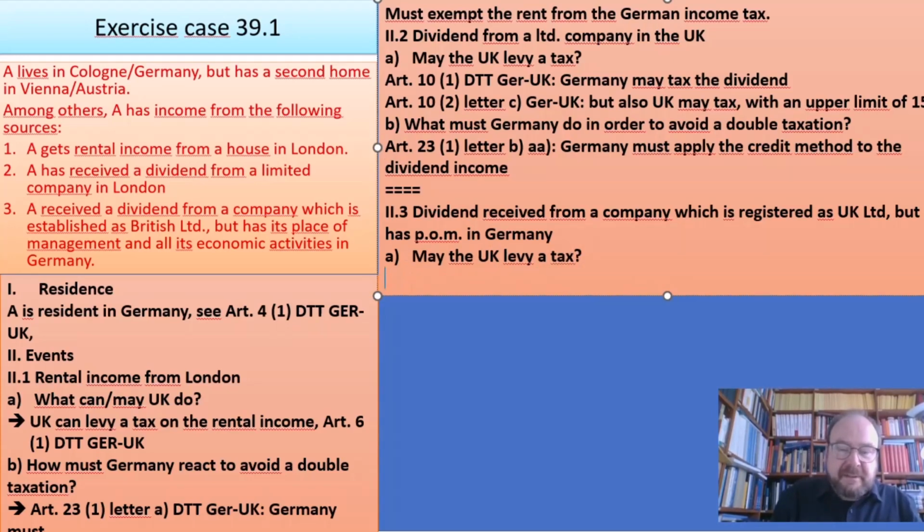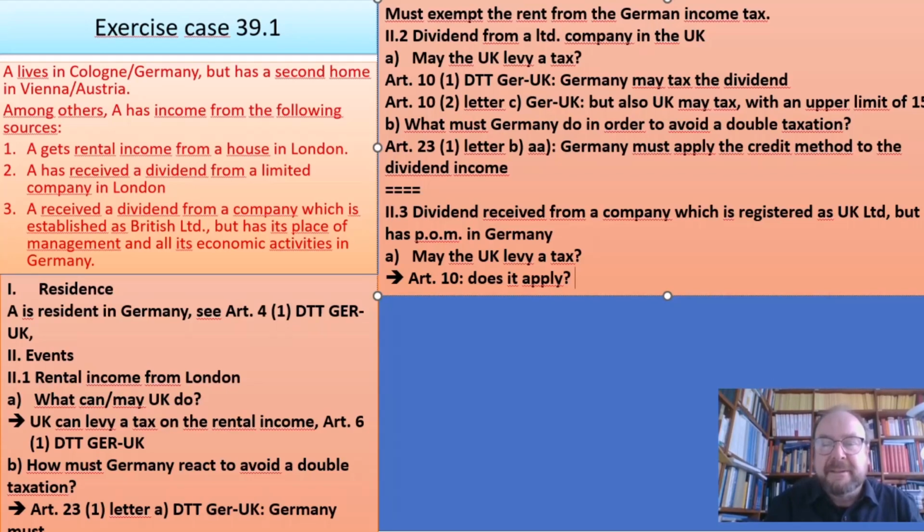In that case, the first question we have to ask is Article 10, does it apply? And Article 10, as you remember, is for cross-border dividend payments. That is for payments from a UK limited or UK company to a German recipient.